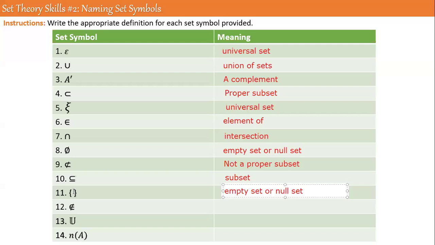It depends on what the question says. If they ask you to say the meaning, then yes. But if they ask you like how we were doing before, where you count the numbers, then more than likely they'll ask you to count it. They more than likely wouldn't ask you what's the meaning. But I want you all to know the meaning so you can answer the question, right? Yes, sir.